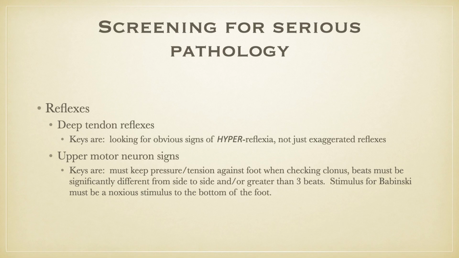But if you've ever actually examined anybody with these upper motor neuron signs, just any noxious stimulus along the bottom of the foot will elicit that Babinski reflex. And Babinski reflex is typically classified as extension of the great toe. You could see even other things like splaying of the rest of the toes as well. But that's what you're looking for.